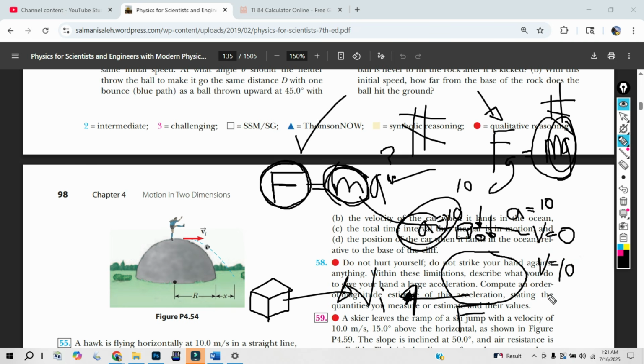My time was 1 second. If my time was 0.5 seconds, I would get a velocity of 5. So I can see that's a linear relationship. It's kind of fascinating.